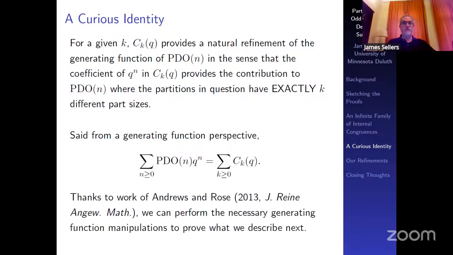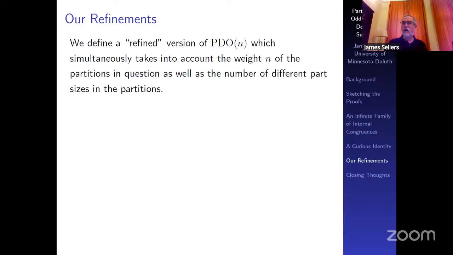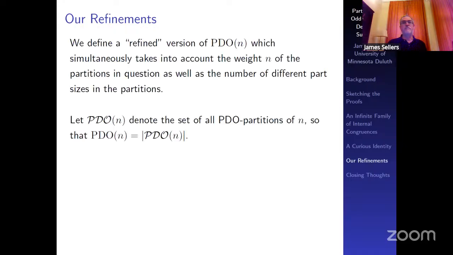Okay, so thanks to some work that George Andrews did with Rose in 2013, we can perform certain calculations on the generating functions to make them do what we want, which is fantastic. So we're going to define then a refined version of the PDO function, which simultaneously takes into account the weight, but it also looks at the number of different part sizes.